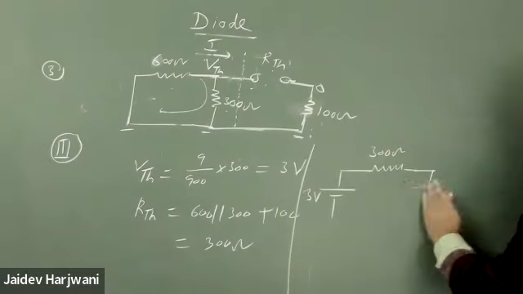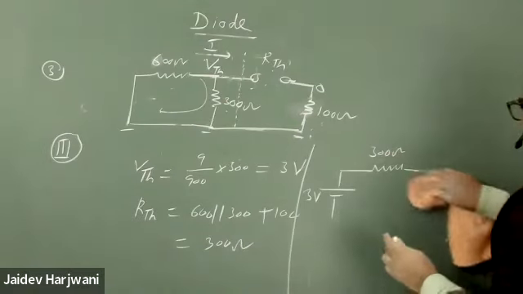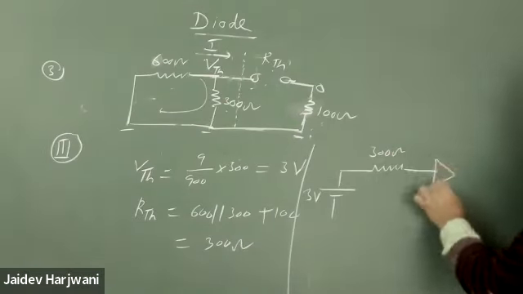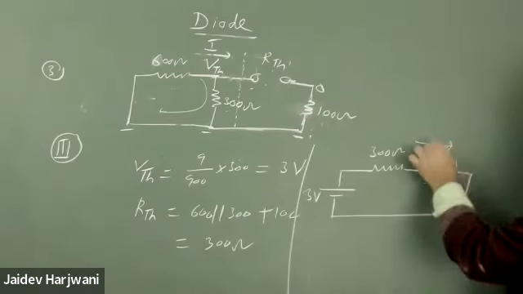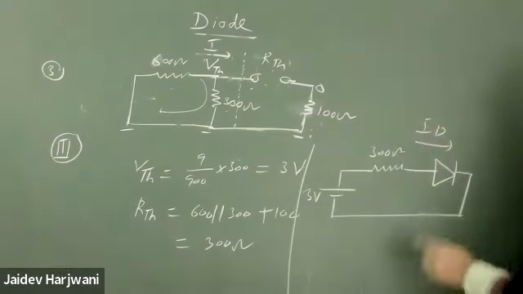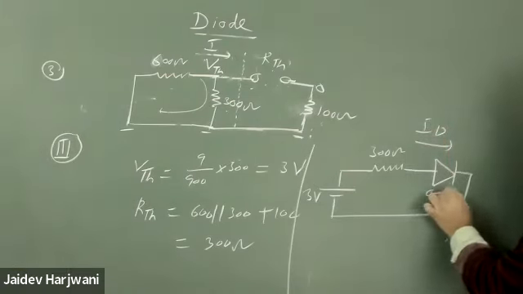And then you have a load, you have a diode. Or you can make it here also, whatever you want. This is your diode. Now you want current ID. Again, you can replace the diode by a short circuit.